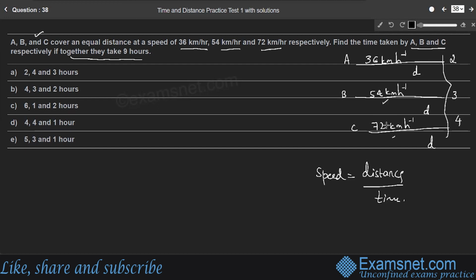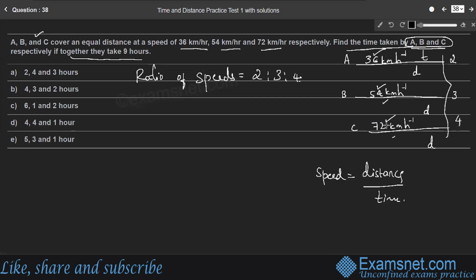The ratio of speeds is 2 is to 3 is to 4. 18 into 2 is 36 kilometer, into 3 is 54, into 4 is 72 kilometer per hour. Here, what is asked? Find the time taken by A, B and C.